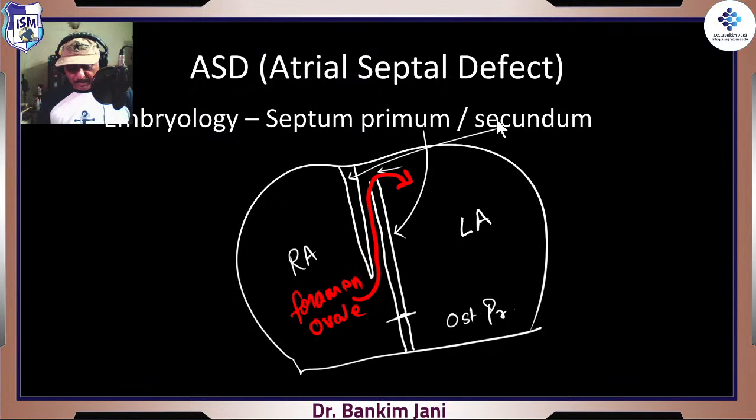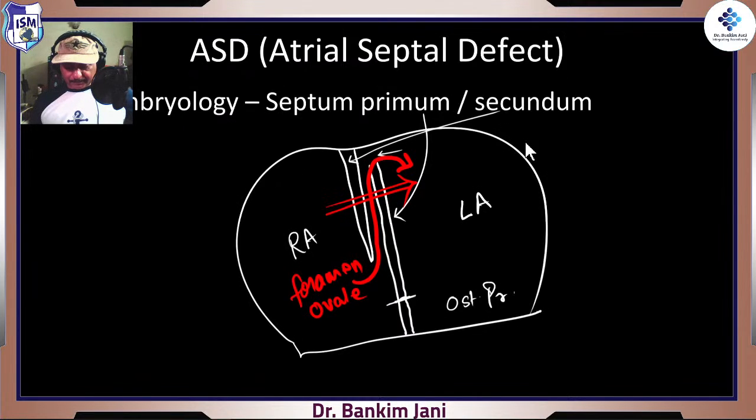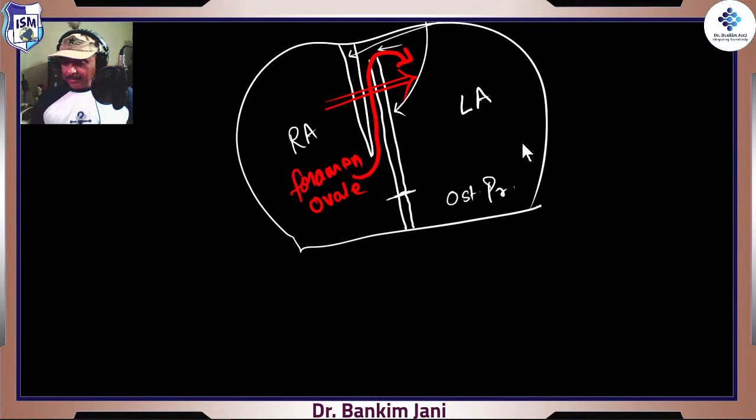It allows the blood to go from right side to left side, right atrium to left atrium, because it is necessary that this entire blood should go into the circulation and not into the lungs. Fine. Once the baby cries, the pressure rises over here, right? It falls over here.